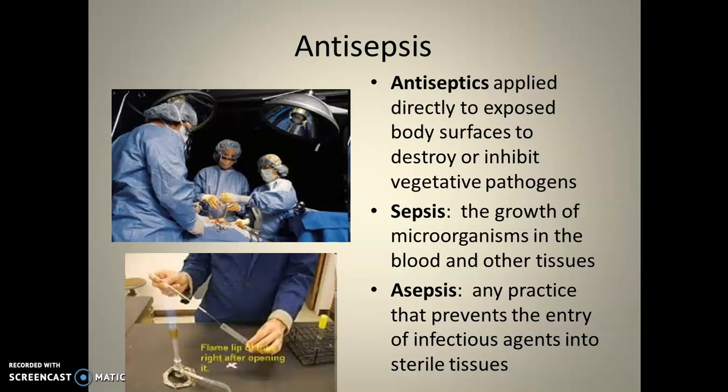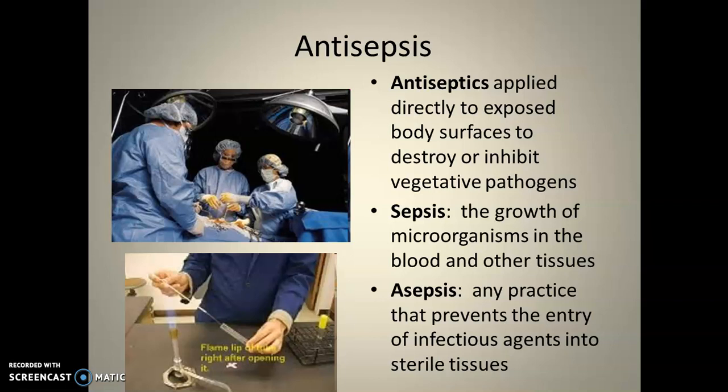So just to kind of tie in, we've just learned this term antisepsis. We have used sepsis and asepsis as terms so far this semester. So I just want to clarify all three of them. Sepsis is specifically when we have growth of microorganisms in the blood or in the tissues. Right? Aseptic technique that we've been using throughout the semester in class is all of those techniques that we're using to prevent the movement of infectious agents from one place to another.